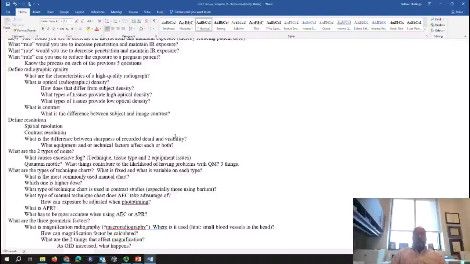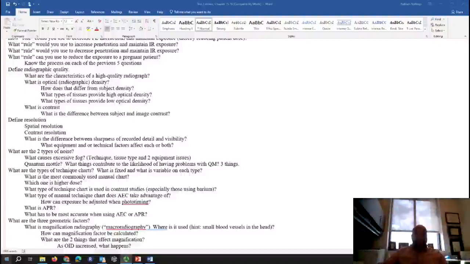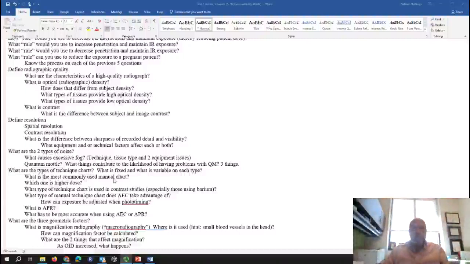So we already walked through the different types of technique charts. Okay, so we already talked about technique charts. I'm going to go back through that again. So the most common manual technique chart is fixed KVP.